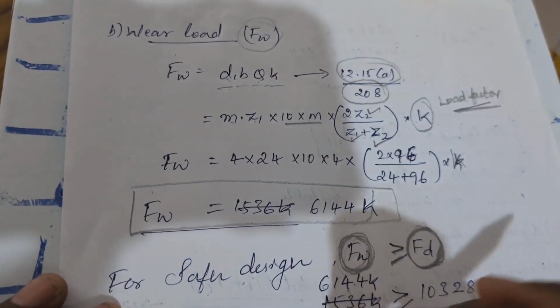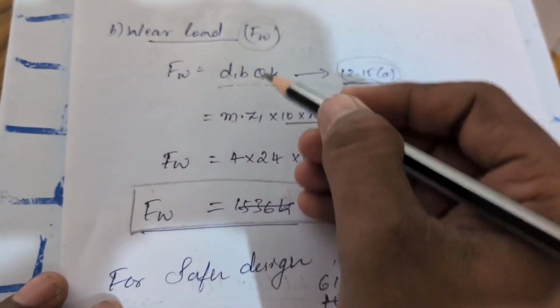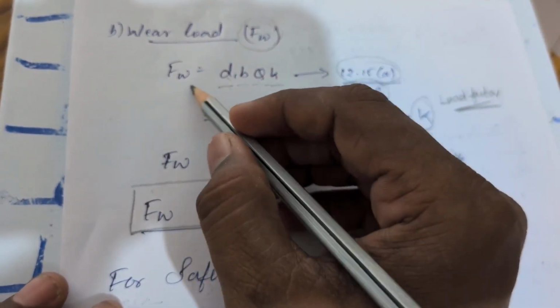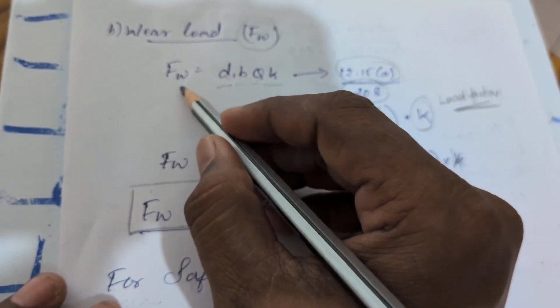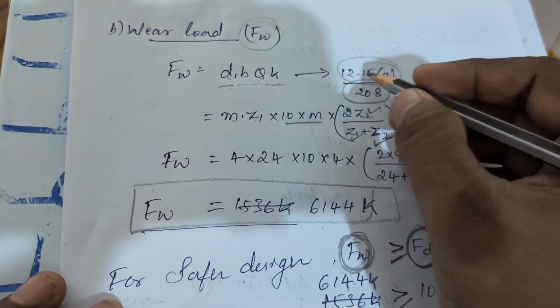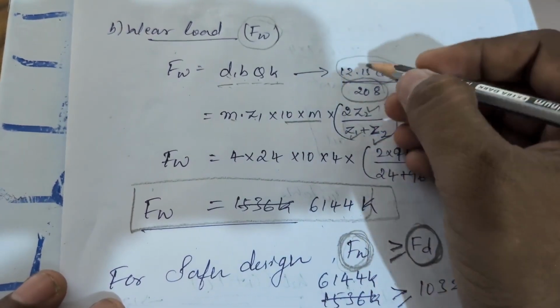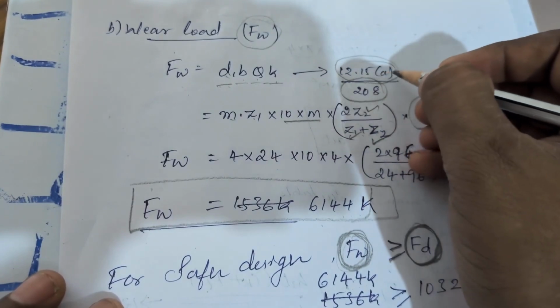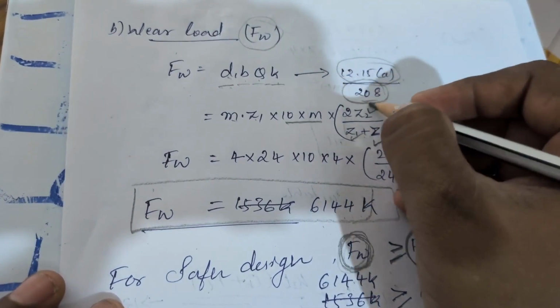Next, we shall calculate the value of wear load. The wear load can be calculated using this equation: Fw is equal to D1 B Q K, which is taken from the data handbook 12.15A, page number 208.